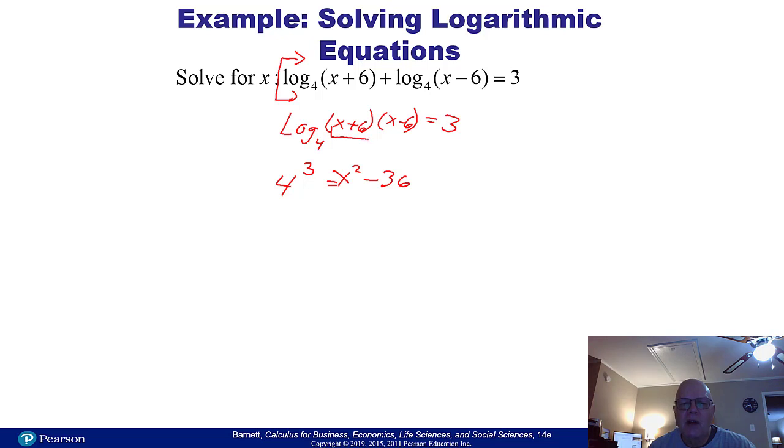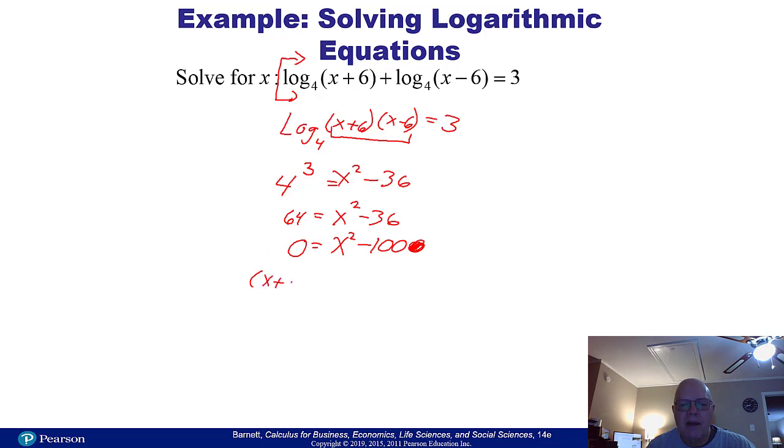All I did was, you would say, FOIL that. But it will give you a difference of squares. So you could do that too. This is a 64. Equals x squared minus 36. Subtract the 64 from both sides, I'll get the 0. And we want the 0 because we've got a quadratic. And when I subtract the 64 from both sides, I've got x squared minus 100. And we're just going to work ourselves back.